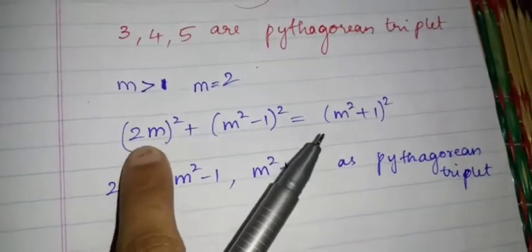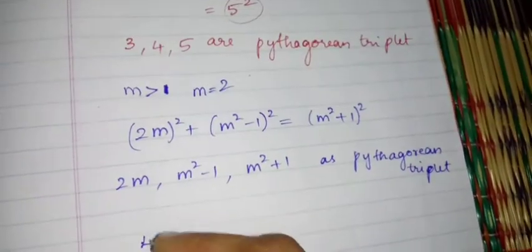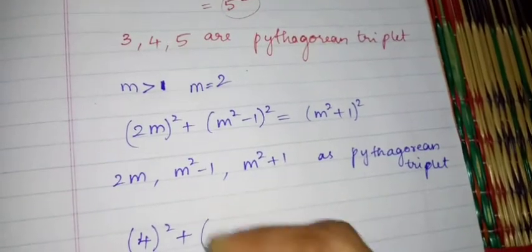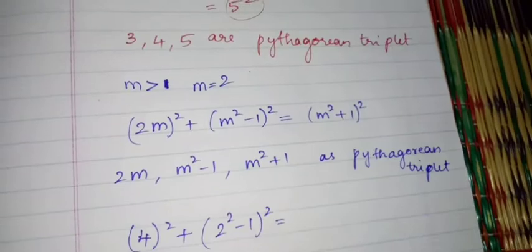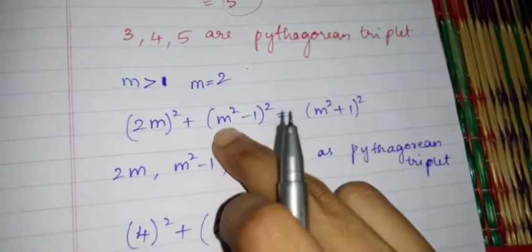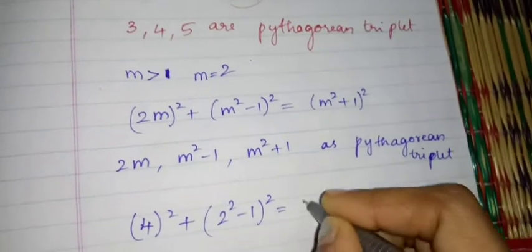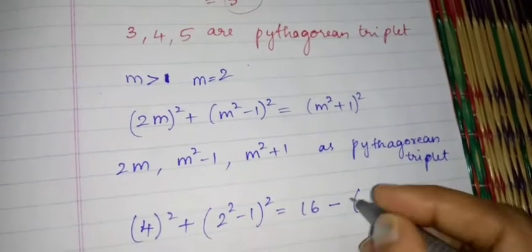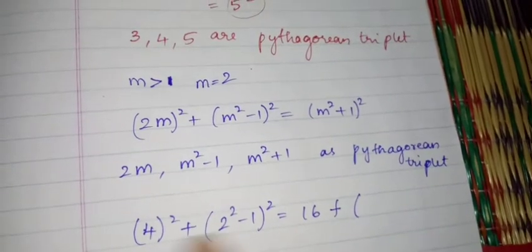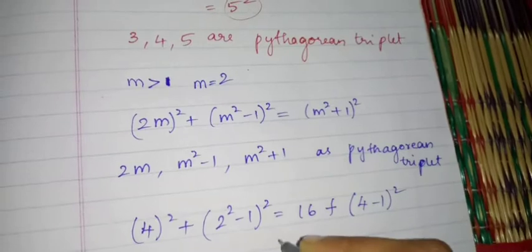So if I substitute here, 2m means 2 2s are 4 square, plus m square minus 1 the whole square. M is 2, so 2 square minus 1 the whole square. 4 4s are 16 plus 2 2s are 4 minus 1 the whole square.